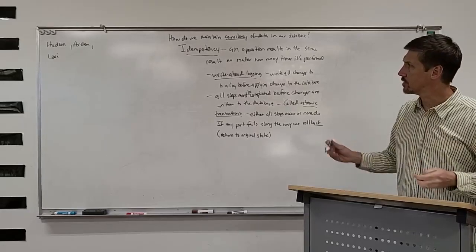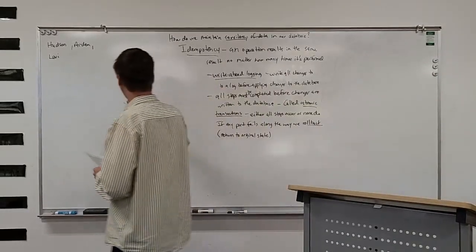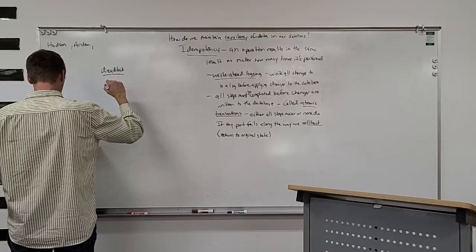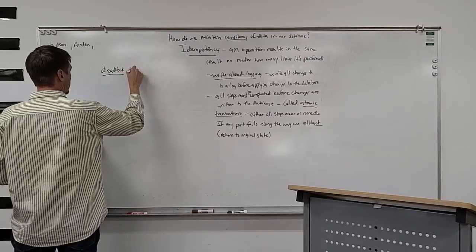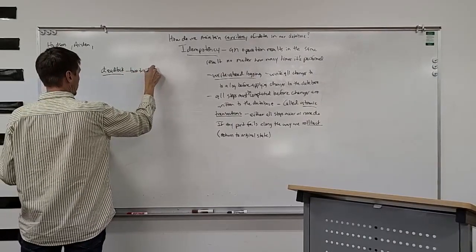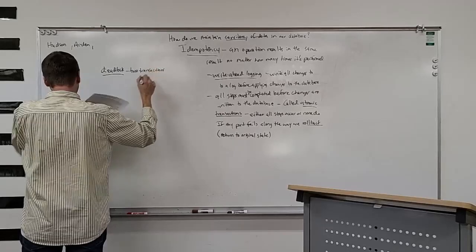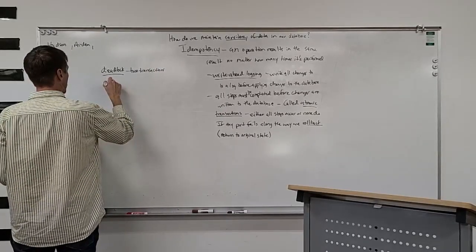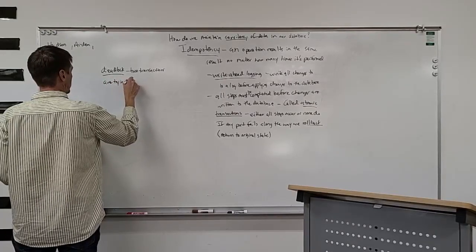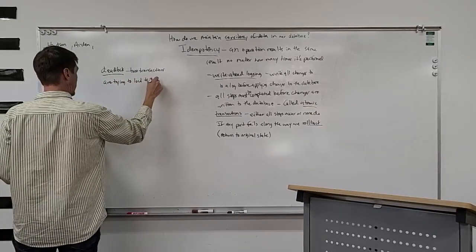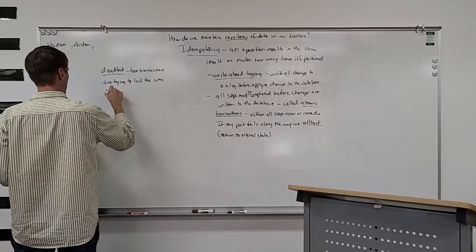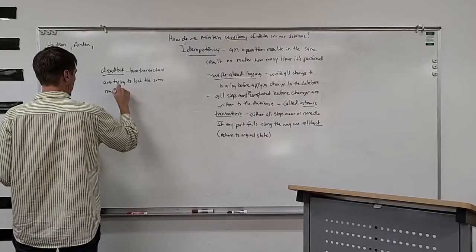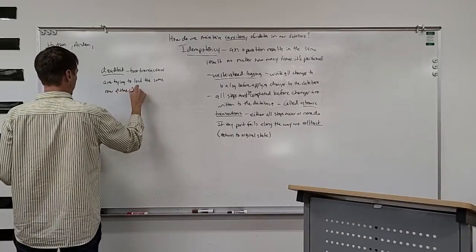So just to define that term for you, deadlock is two transactions trying to lock the same row at the same time.